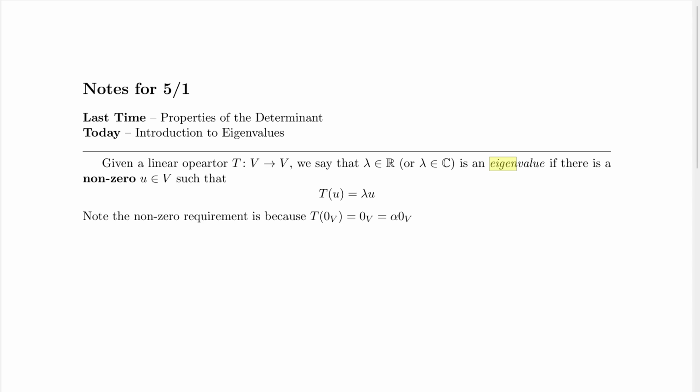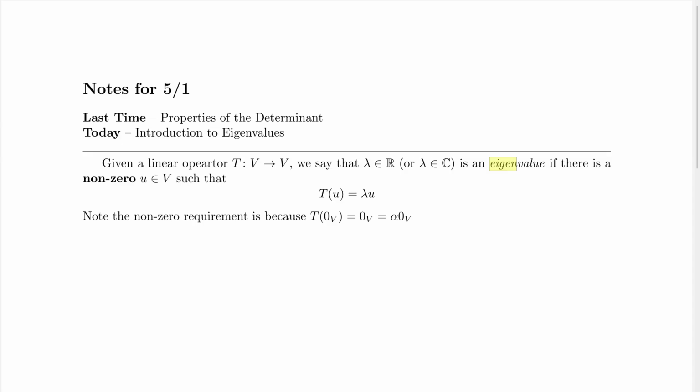Cool. All right. So now that we have the appropriate definition of an eigenvalue, we can start digging into it and figuring it out. But let's get some examples first. So let's begin with some basic examples.